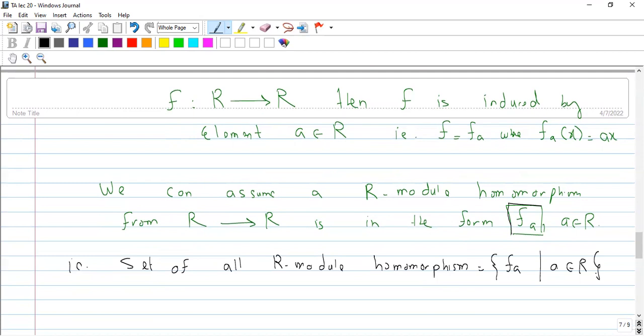They are always in the form of f_a. तो अगर मैं एक set ले लूं जिसमें तमाम R-module homomorphisms ले लूं from R to R, तो उस set के elements किस फॉर्म में दिख रहे होंगे? It contains elements which are in the form of f_a, where a is an element of R. तो इसमें वो तमाम maps include हो जाएंगे which are induced by different elements of R, क्योंकि जो भी module homomorphism होगी वो हमेशा इसी फॉर्म में होगी.